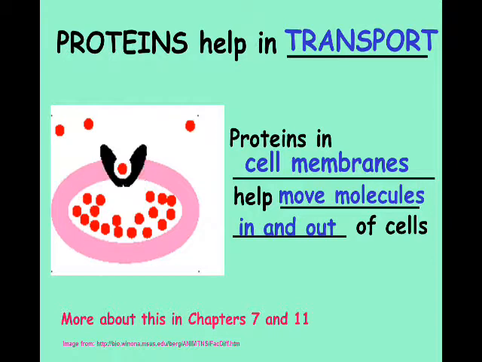So if my cell needs to stay alive, it needs to take in food, it needs to take in oxygen, it needs to get rid of waste, to get rid of garbage, and there's transport proteins in the cell membrane that help molecules get in and out of cells. And so they're very important in maintaining function, in maintaining cells and keeping them alive.